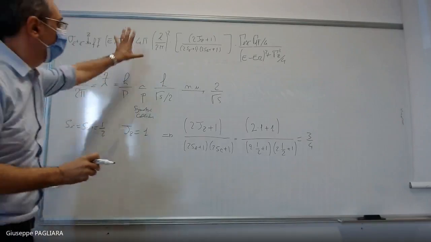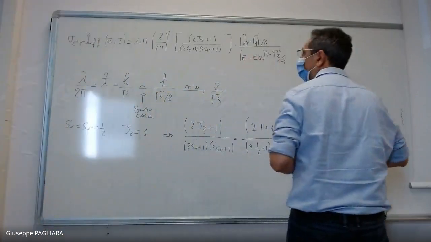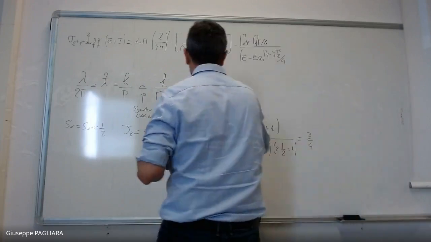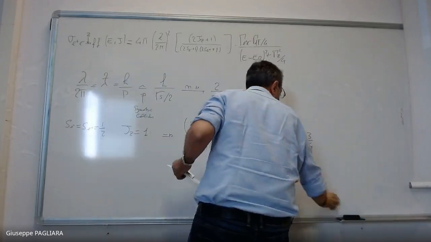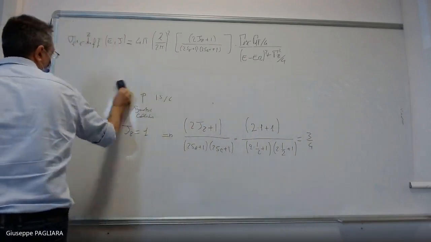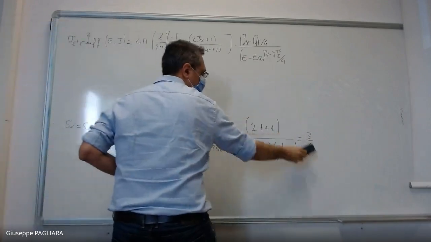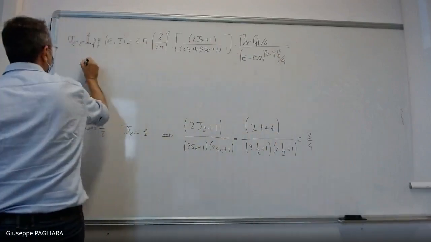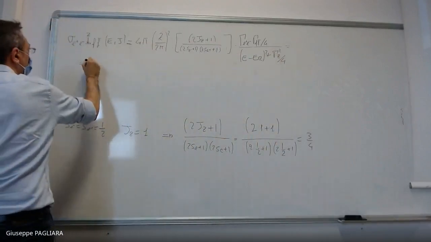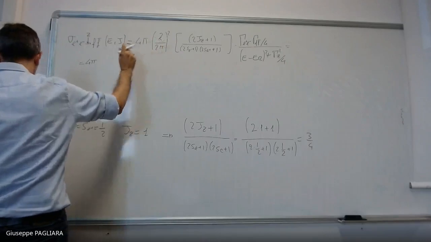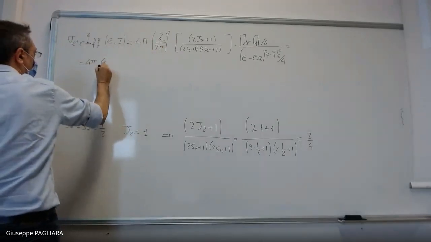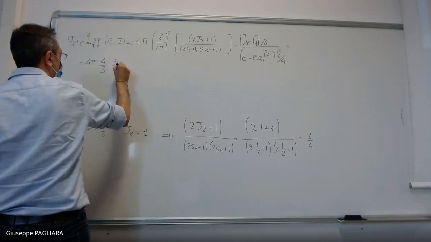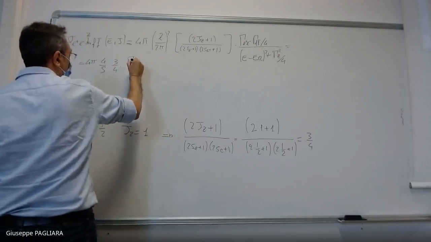Okay, so now we can substitute here. Let me just remember this. So this is the square root of s divided by 2, and we have to take this squared. This is 4 pi. Then we have the square of this, so this is 4 divided by s. Then we have 3/4. And then we have the radical part.